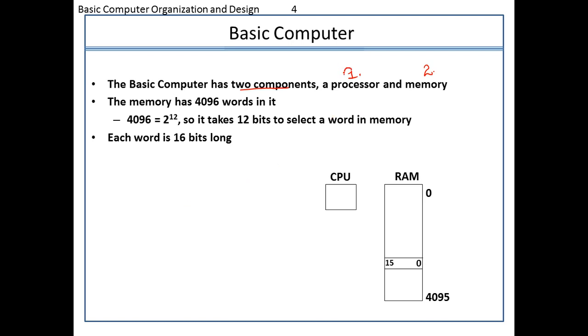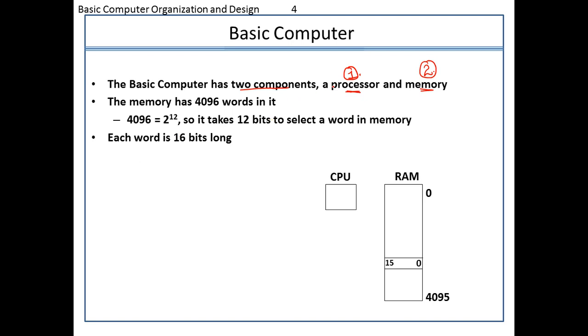Normally this is the essential part required in every digital machine: a processor to handle and execute the instructions, and the memory to store the data within your machine. So two important components are present within the basic computer. Let's understand these two components in more detail.